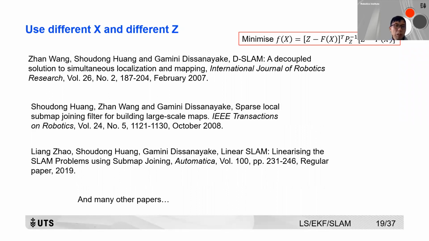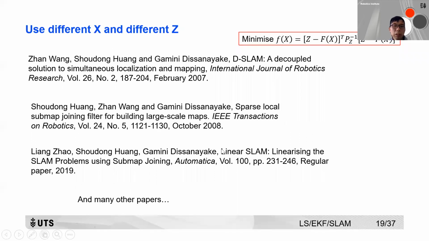Similarly, for the map joining paper, we also choose a different x and a different z. What we did there is first build local maps. When we got a local map, we use it as a z, so each local map is a new measurement. Then we formulate the map joining problem as a new least square optimization.